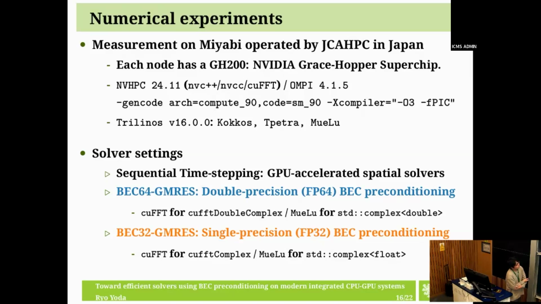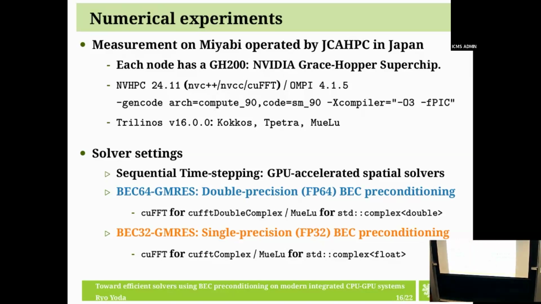This is the solver settings, and we compare three methods. The first one is a sequential time stepping method, which uses CPU accelerated spatial solvers. The second one is the FP64 GMLS, which means double precision BEC preconditioning steps. In this case, we use cuFFT double complex or Mueller libraries for std double complex.